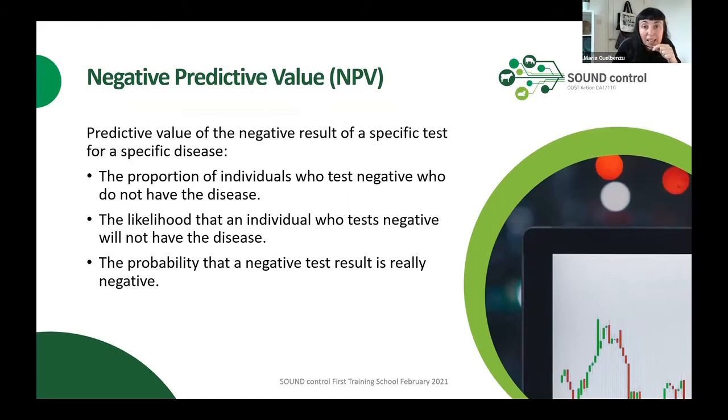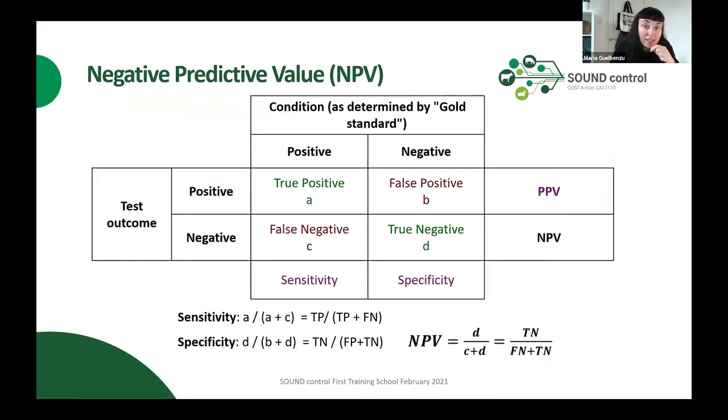So again, the way that we calculate it is by looking at the healthy, so the true negatives, and we divide by the true negatives plus the false negatives, so all those with a negative test result.